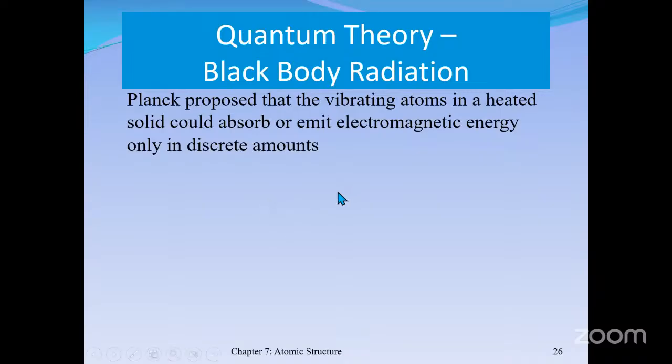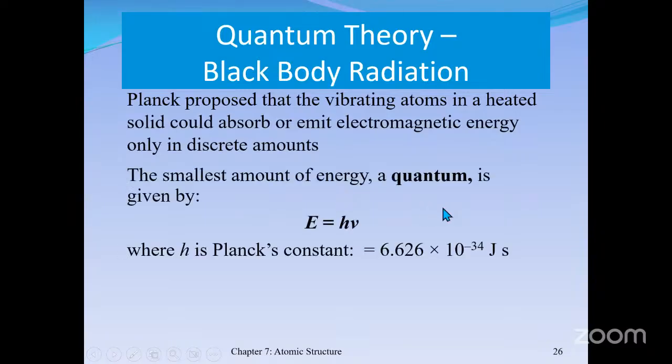So basically what this suggests is that the energy changes by unique, discrete, what we call packets, or I should say quantum, right? So the smallest amount of energy, quantum, is that packet which an atom will either absorb or emit.